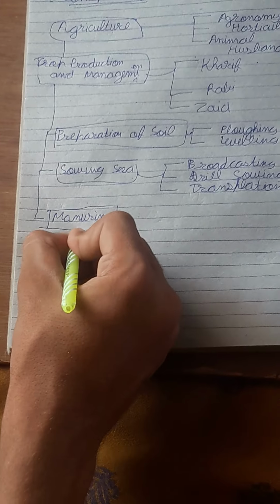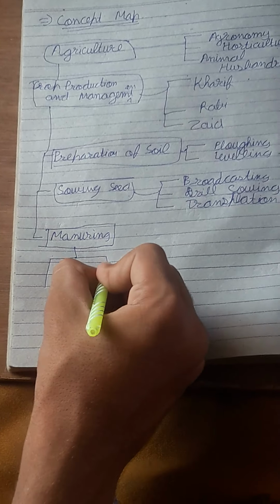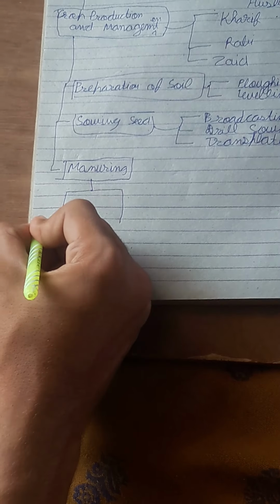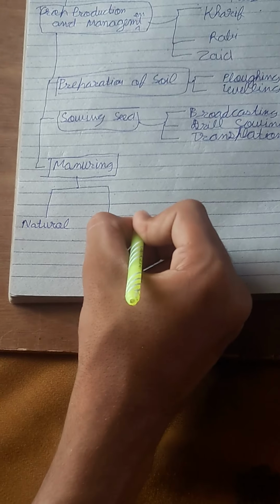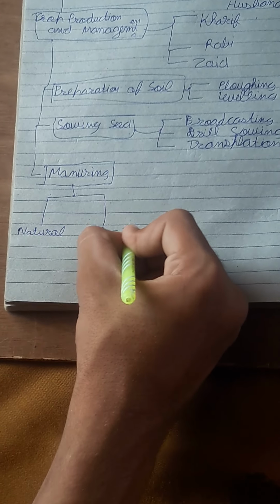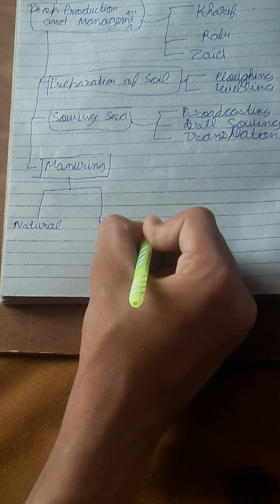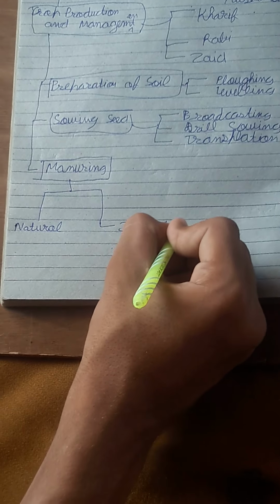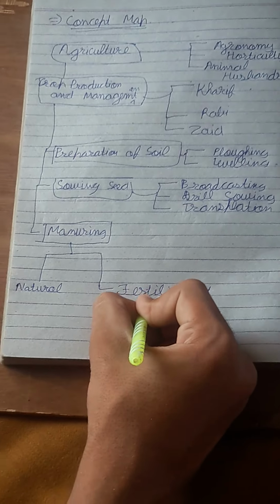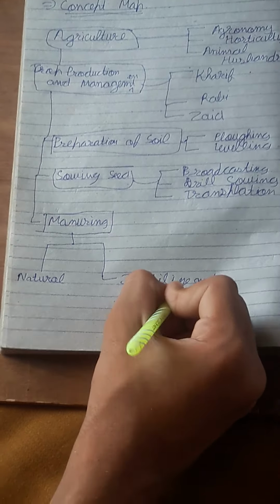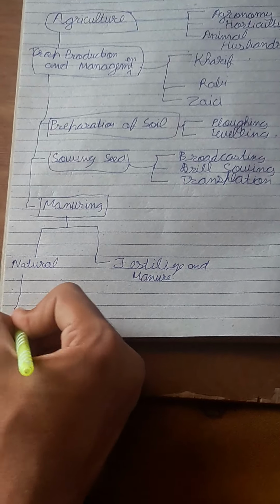So we learned about two different methods of that, which are natural, and the other is fertilizers and manures. Natural methods include four types.